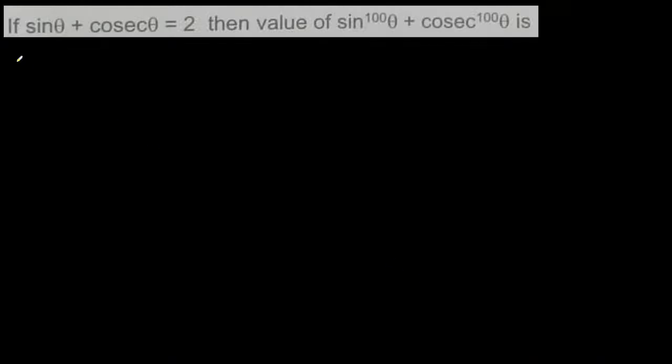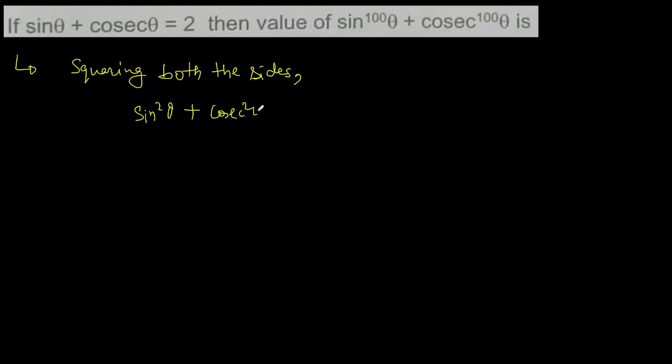Now this is the question. We will square both the sides. Squaring both the sides, we'll get sine square theta, cosec square theta plus 2 equal to 4.